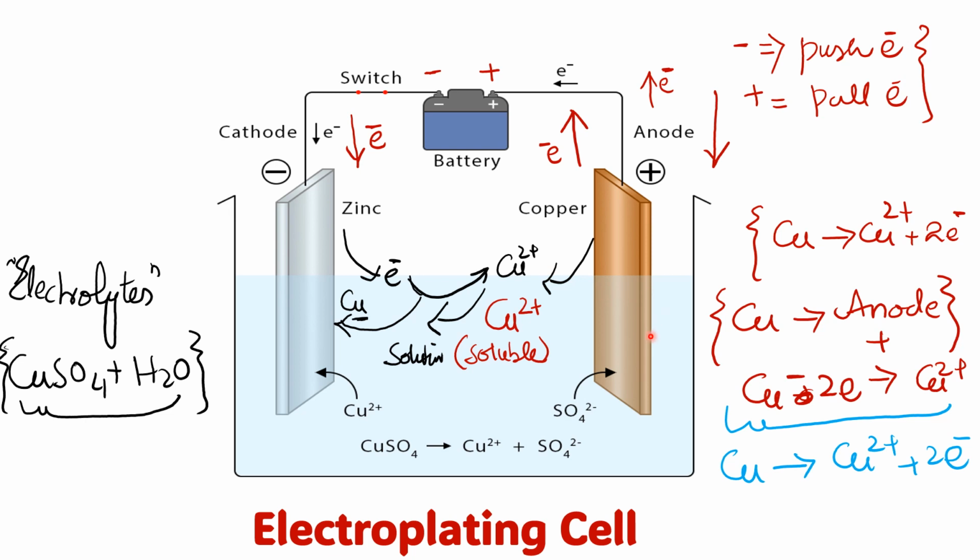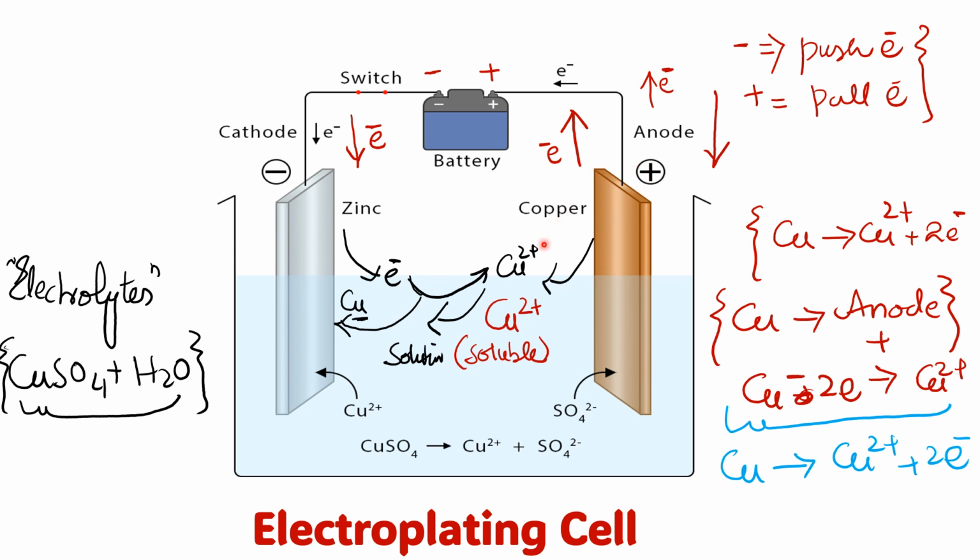So if I simply explain, the electroplating cell consists of an electrolytic solution which is present in a container. The electrolytic solution is usually made up of an ionic compound. Here we are giving the example of copper deposition on the surface of zinc, so we will use copper sulfate as the electrolytic solution. The positive terminal of the battery is connected with the copper metal. The negative terminal of the battery is connected with zinc metal.